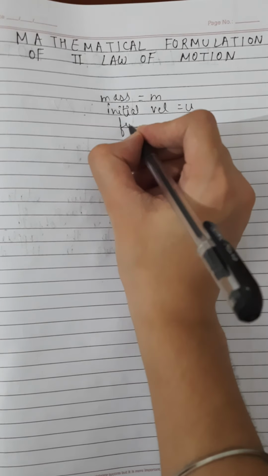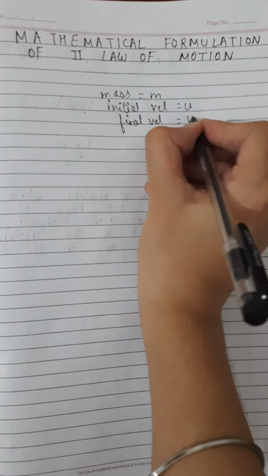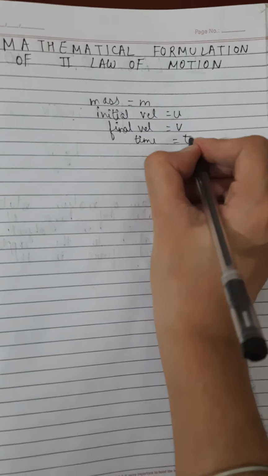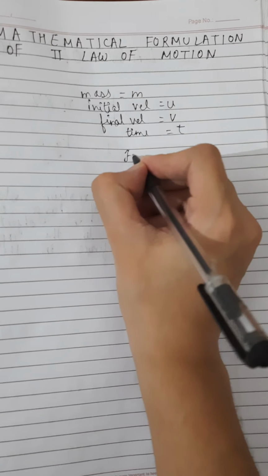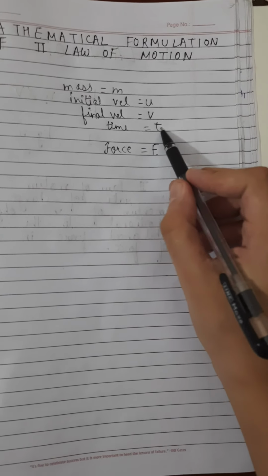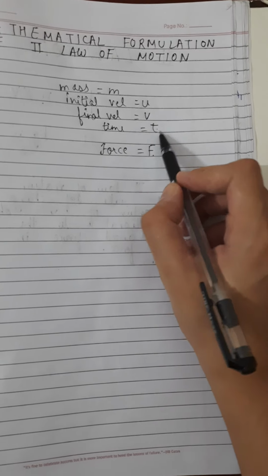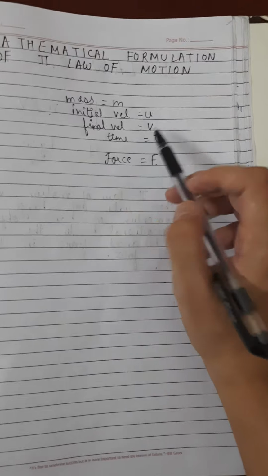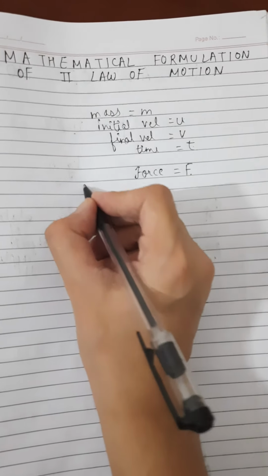It is uniformly accelerated to velocity v. So the final velocity will become v, and the time taken is t. A constant force F is applied for the time t, which has changed the initial velocity u to the final velocity v.